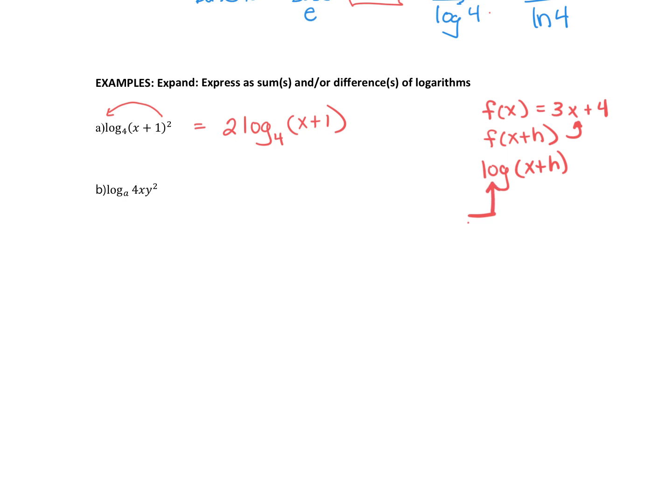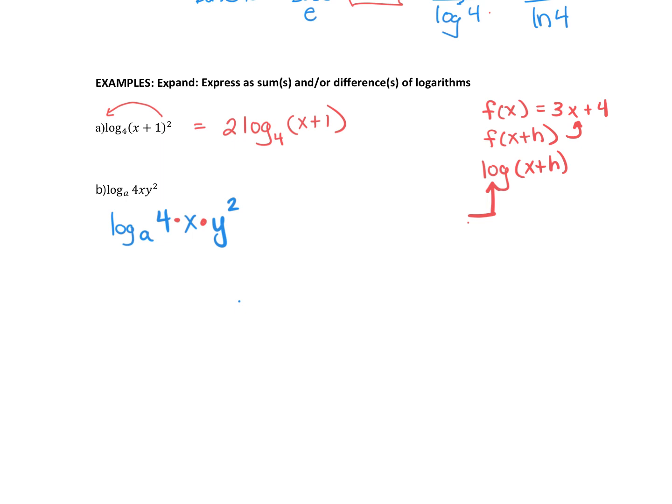All right, for this next example, we have several things going on. We have a product. We have log base a of 4 times x times y squared. And I want to use the product rule first because I noticed that the 2 is only on the y.